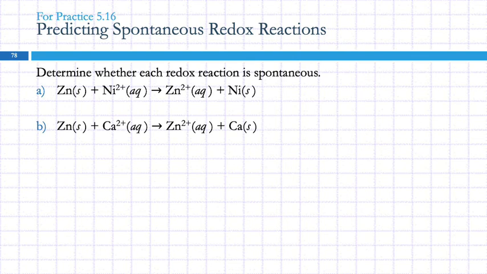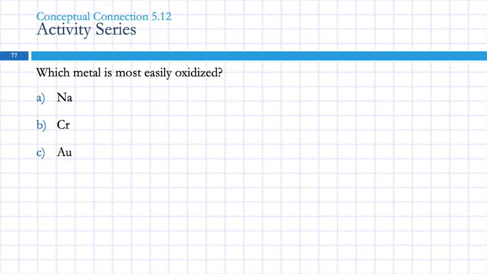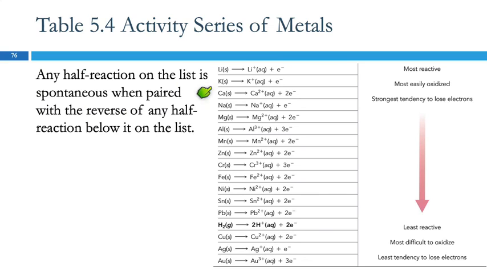In order for that to happen, zinc must be more desirable to the girl than nickel. Otherwise, she wouldn't swap, right? She'd just stay with nickel if he's more exciting. So then we go and look at the list. We're looking to see, is zinc higher on the list than nickel? And when we go to the list, we see that here's zinc and there's nickel. And so zinc is higher on the list, and so he will steal the girl from nickel. It is spontaneous. Does that help? Yes.